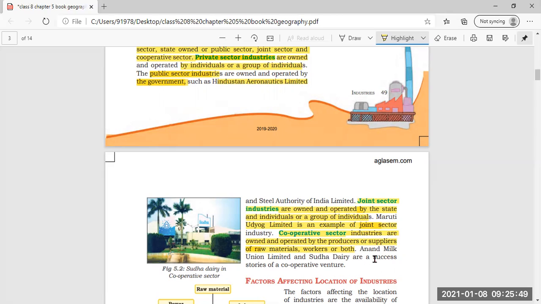An example is given: Anand Milk Union Limited and Sudha Dairy are the success stories of cooperative ventures. That means in a particular cooperative sector, the producers or suppliers of the raw material, or the workers, or both, work together for the upliftment of that particular industry, and they are responsible for the work in that industry.